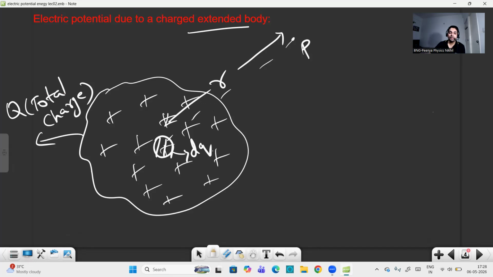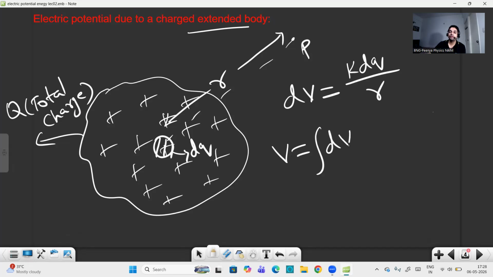Due to this elemental charge, first I will find the electric potential at point P. So dV, a small electric potential due to this small charge, is K dq by r. To find the electric potential due to the total charge, we integrate: V equals the integral of dV, which is the integral of K dq by r.